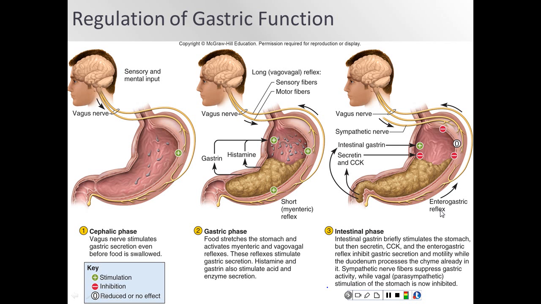Alright, so chyme also stimulates duodenal enteroendocrine cells to release secretin and CCK, which stimulate the pancreas and the gallbladder, but also suppress the gastric secretions and the motility.